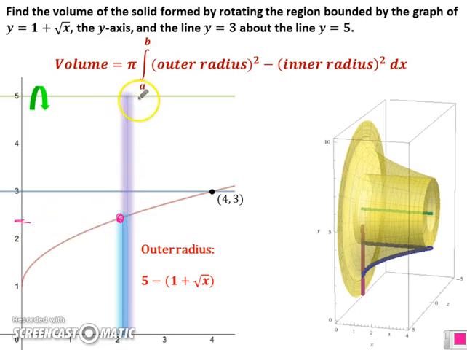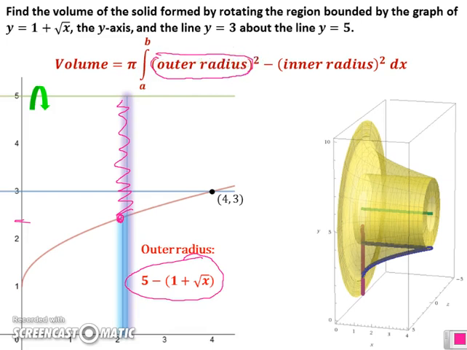So the outer radius is 5 minus this curve. If I take the distance of 5 and subtract this blue piece from it, it's going to give me this squiggly thing. So this is the outer radius that I'm going to stick right inside here.